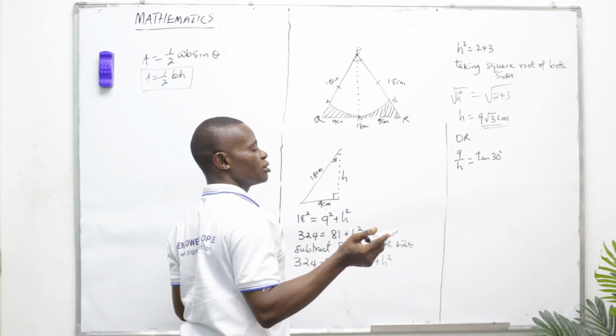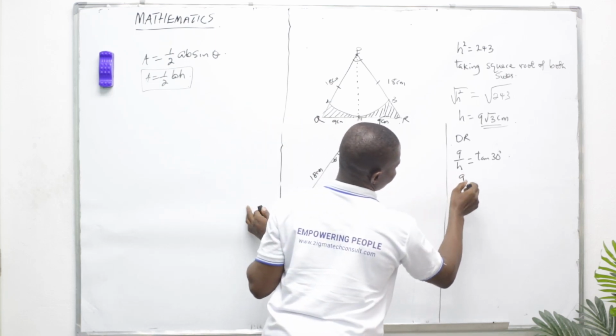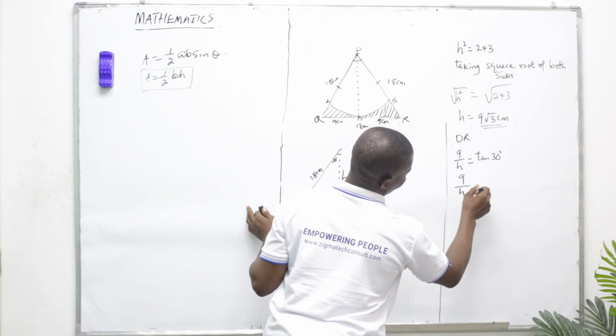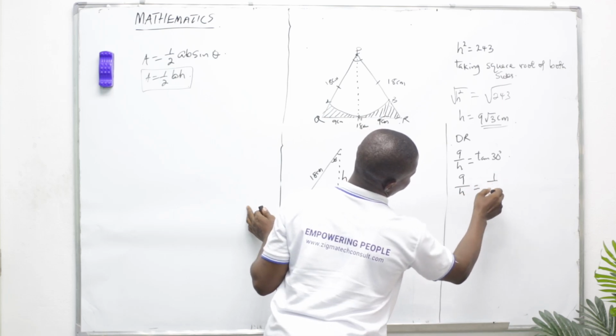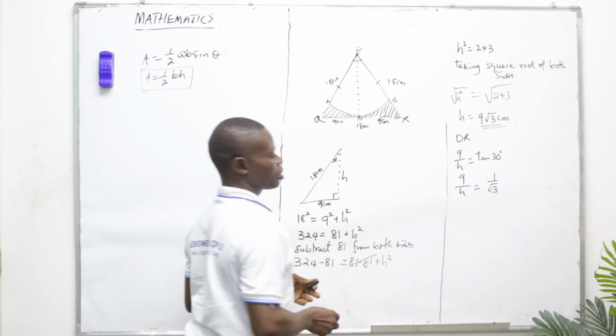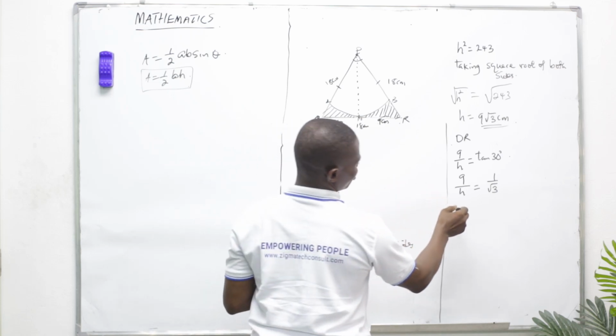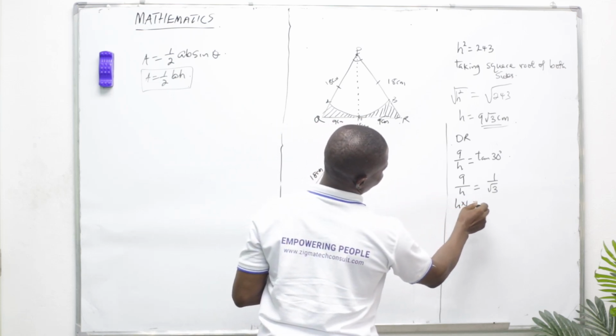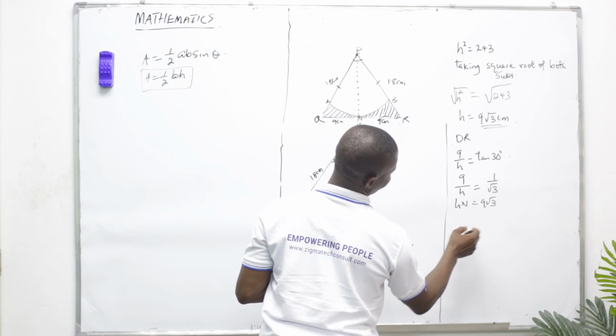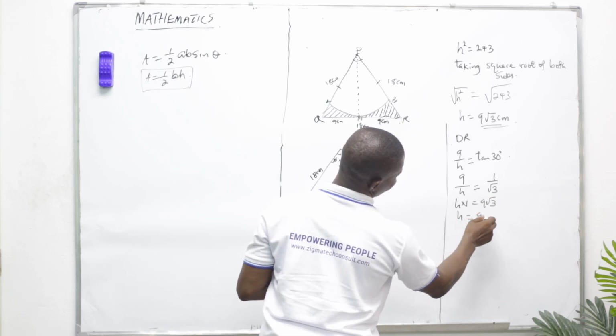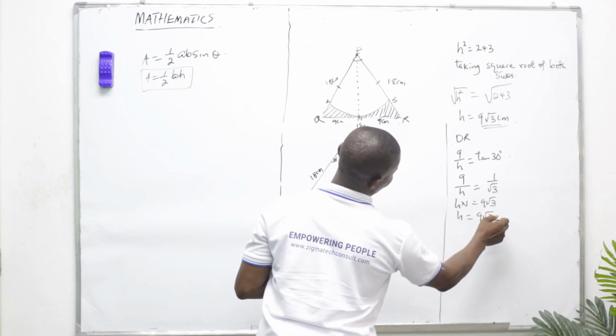What is tan 30? I know that tan 30 is 1 over root 3. So when I cross multiply, h times 1 equals 9 root 3. H now equals 9 root 3 cm.